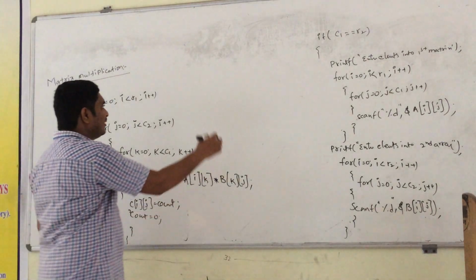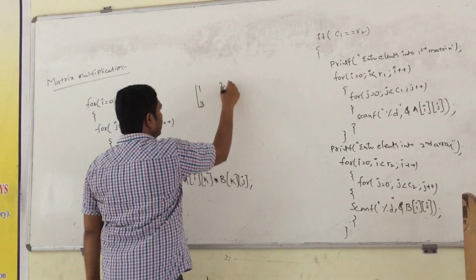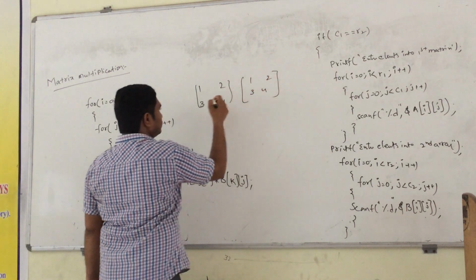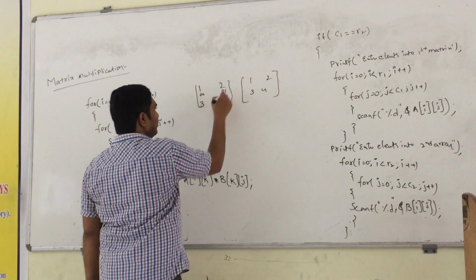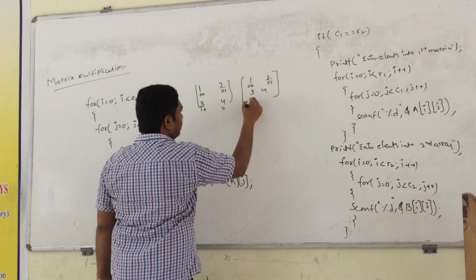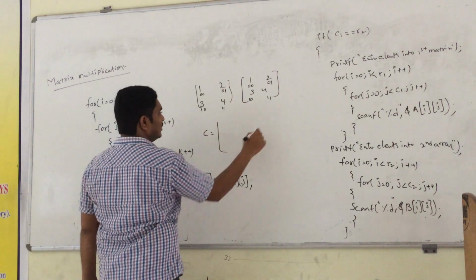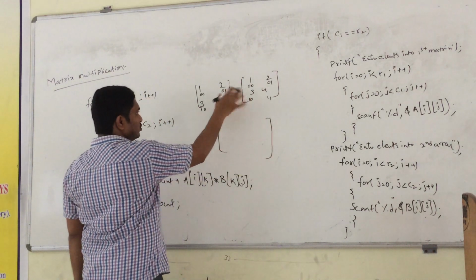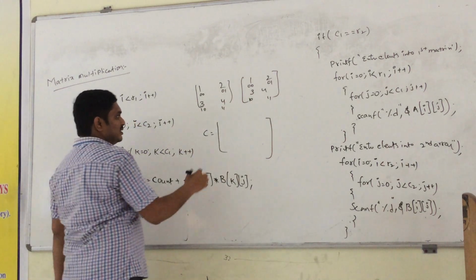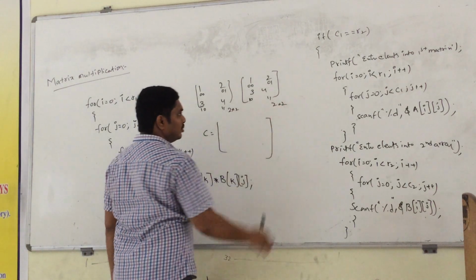For example, I am taking two matrices, just a simple 1, 2, 3, 4 and 1, 2, 3, 4, with the 0 0 element, 0 1, 1 0, 1 1 elements, and the resultant is C. We multiply these two matrices and store the result into the C matrix. This is a 2 by 2 matrix, and this is also a 2 by 2 matrix.